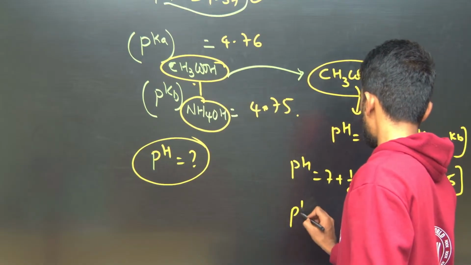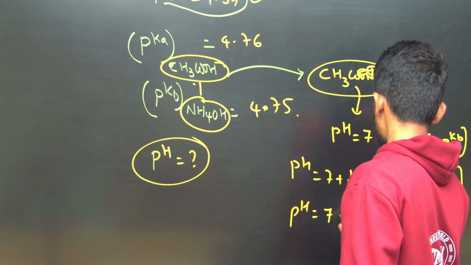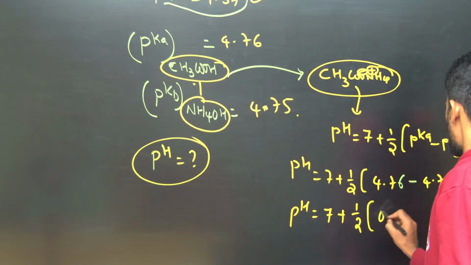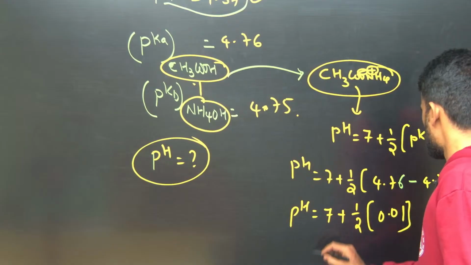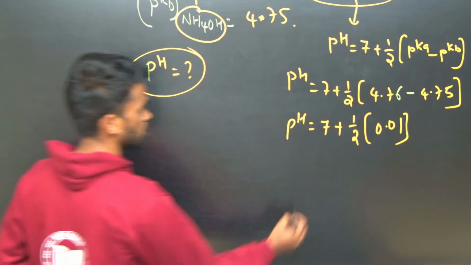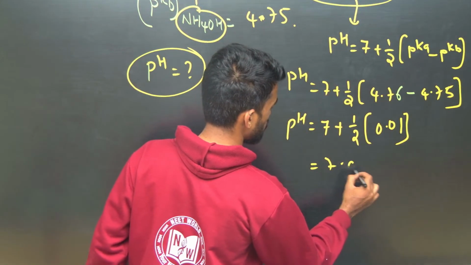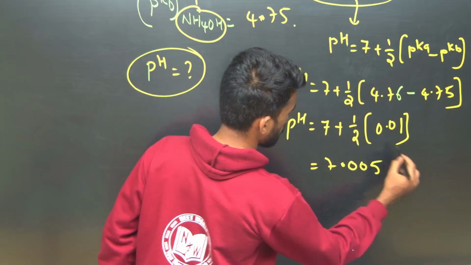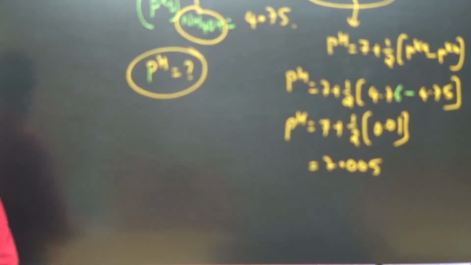So 7 plus 1 by 2 into 0.01. You can simplify this and you will get around 7 only, 7.005.